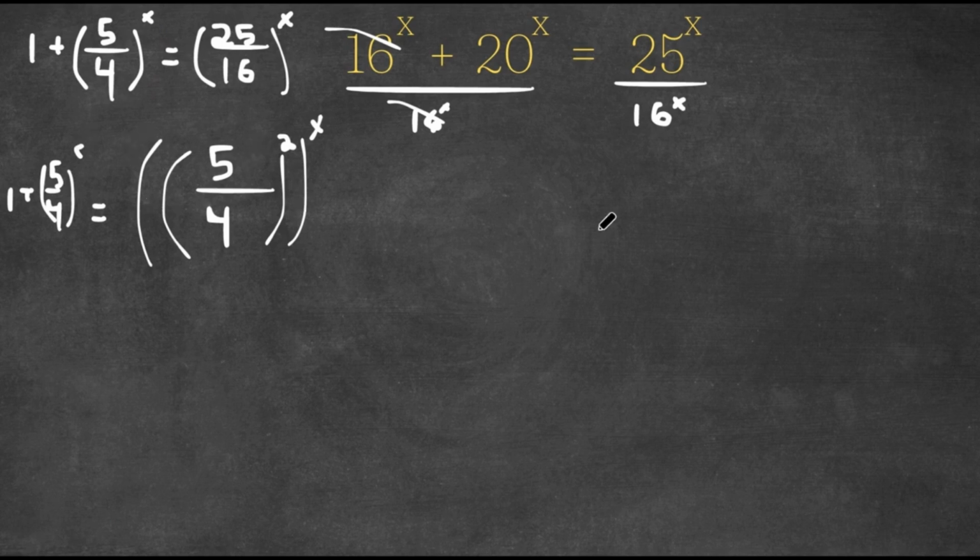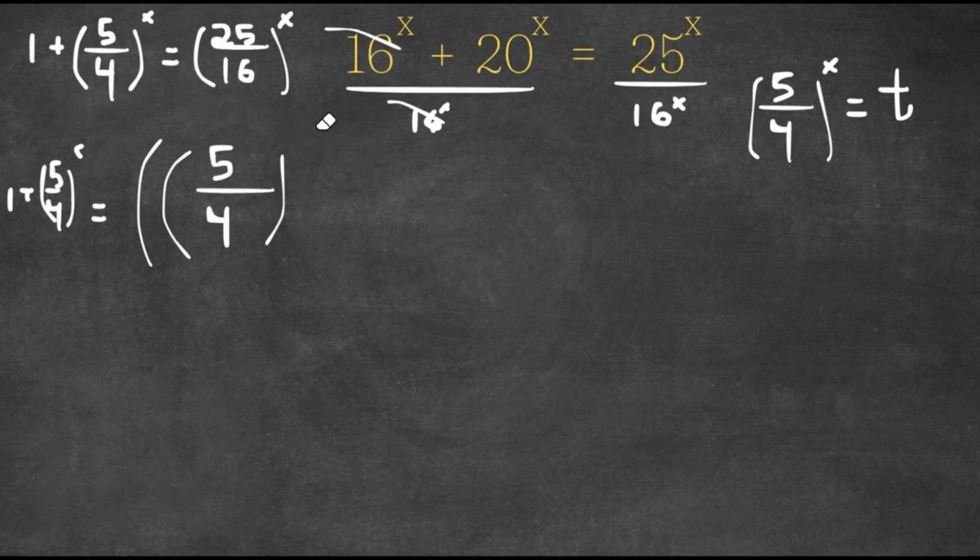So now what we're going to do is I'm going to let 5 over 4 to the power of x equal t. So I'm going to assign it to the variable t. And instead of 2 to the power of x, I can actually also write this as x to the power of 2. So I can flip these positions.